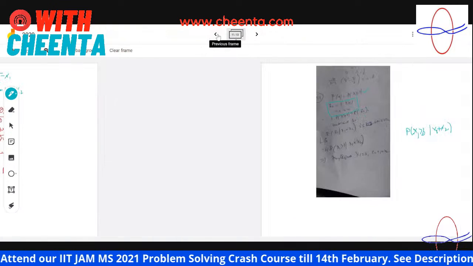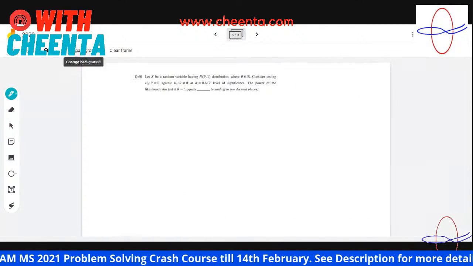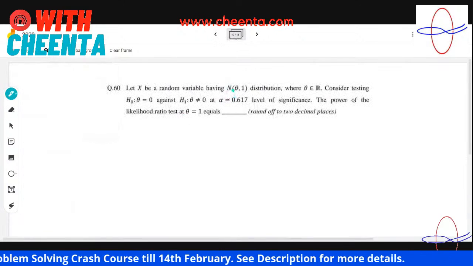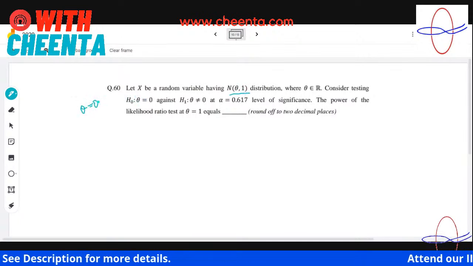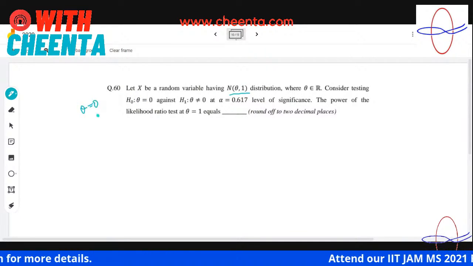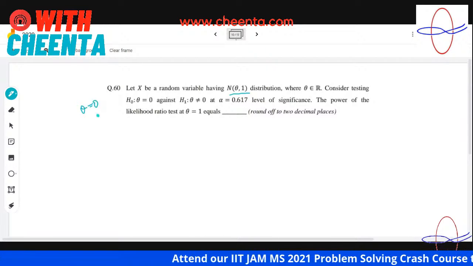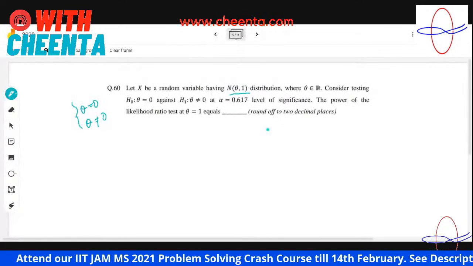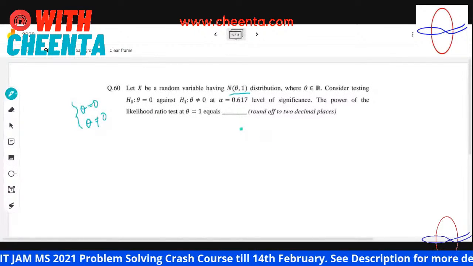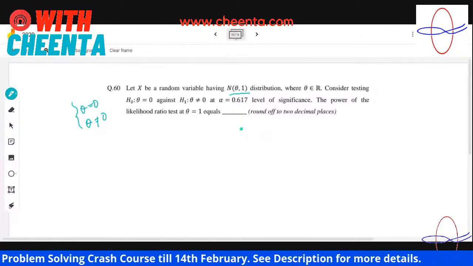In the meantime, we have this problem here. Random variable X is N(theta, 1) and the hypothesis is theta equal to 0 versus theta not equal to 0. You know that this is a two-sided test, it's very easy stuff, okay? And the likelihood ratio test is the Z test. So what is the Z test?